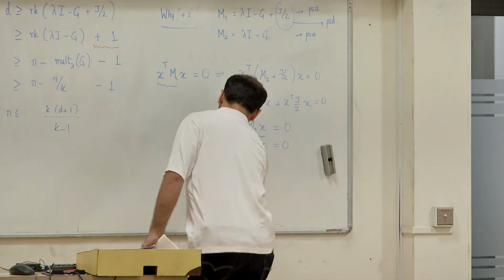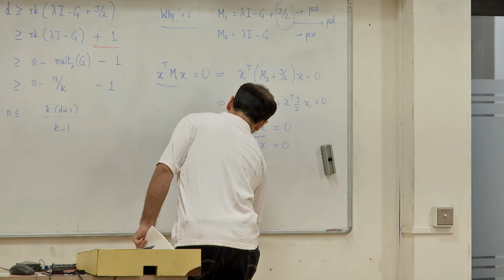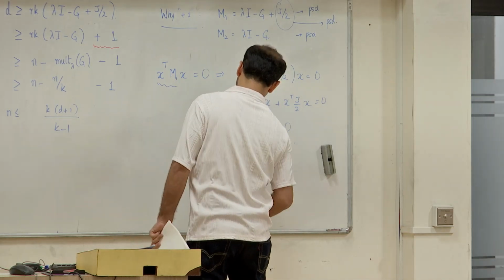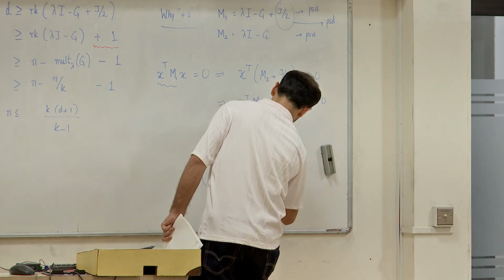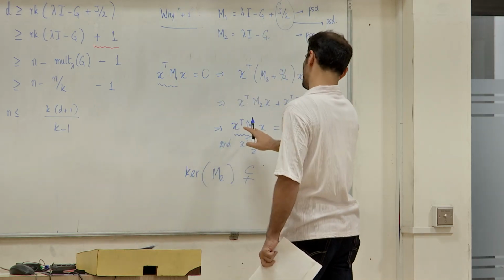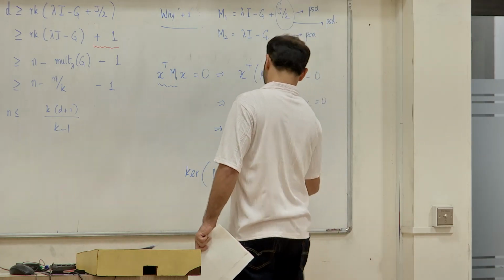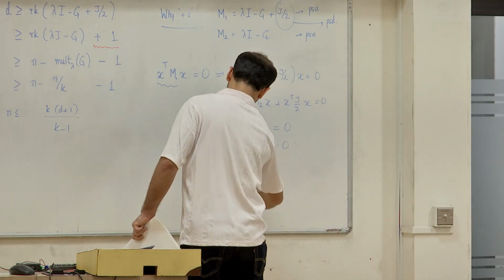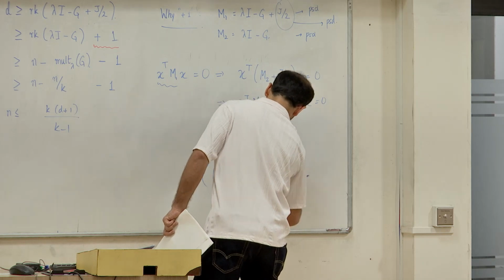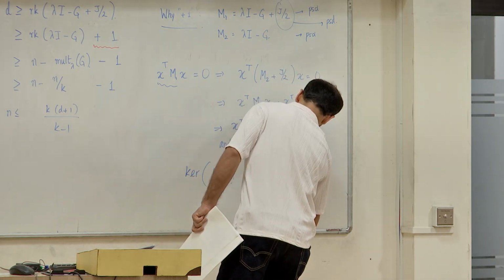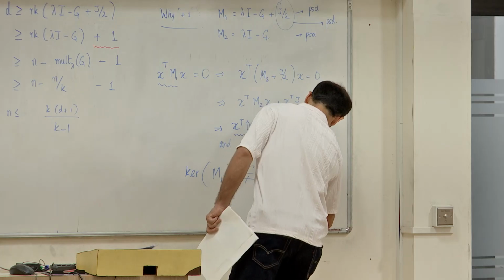So I get that the kernel of M1 is a strict subset of the kernel of M2.